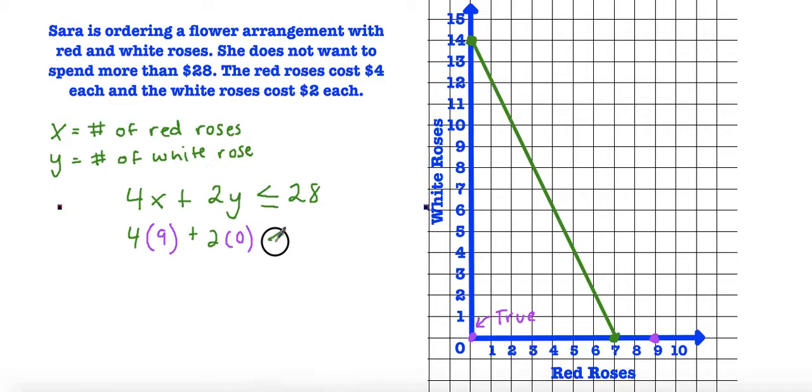And in order for this to be true, it has to be less than or equal to 28. So 4 times 9 is 36, plus 0 is just 36, is less than or equal to 28. So this is not true. So this coordinate is not true.